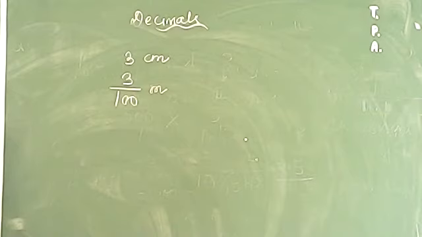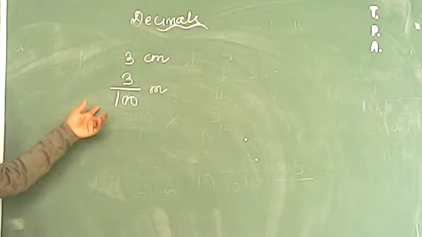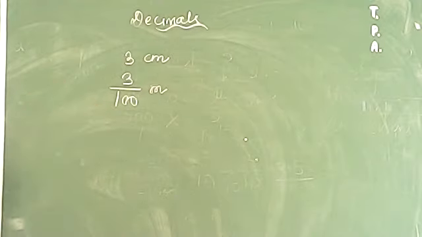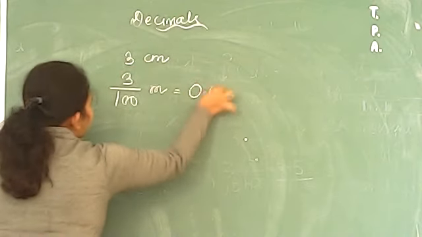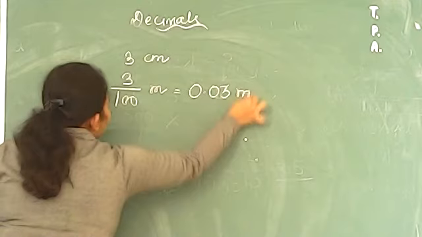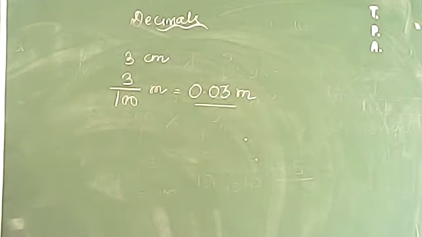Okay, converting into meter we will simply convert as 3 by 100, because 1 meter is equal to 100 centimeter and 1 centimeter is equal to 1 by 100 meter. So you will simply divide by 100 and your answer would be 0.03 in meters. So just check your options. The correct option would be 0.03 in meter.